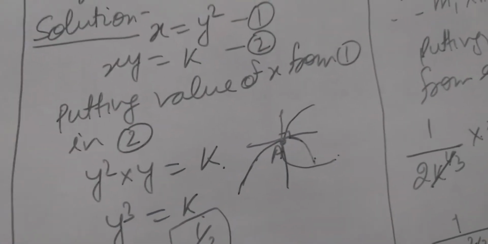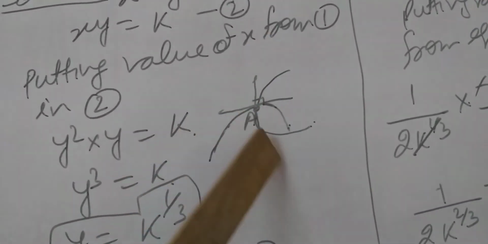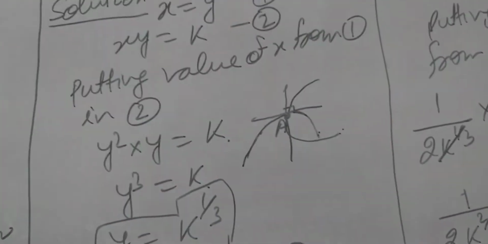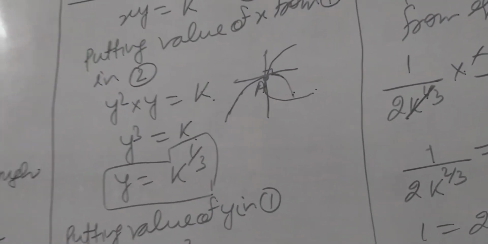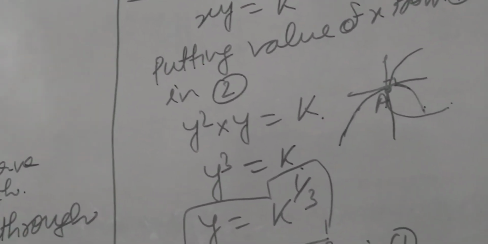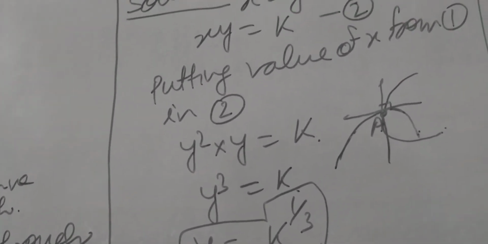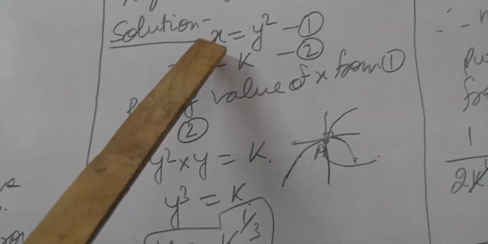Okay student. So first of all, we have to find the intersecting point of these two curves. Student, you know very well, if we need the coordinate of the point of intersection of two lines, then we have to solve both of them. Similarly here also, these are two curves.